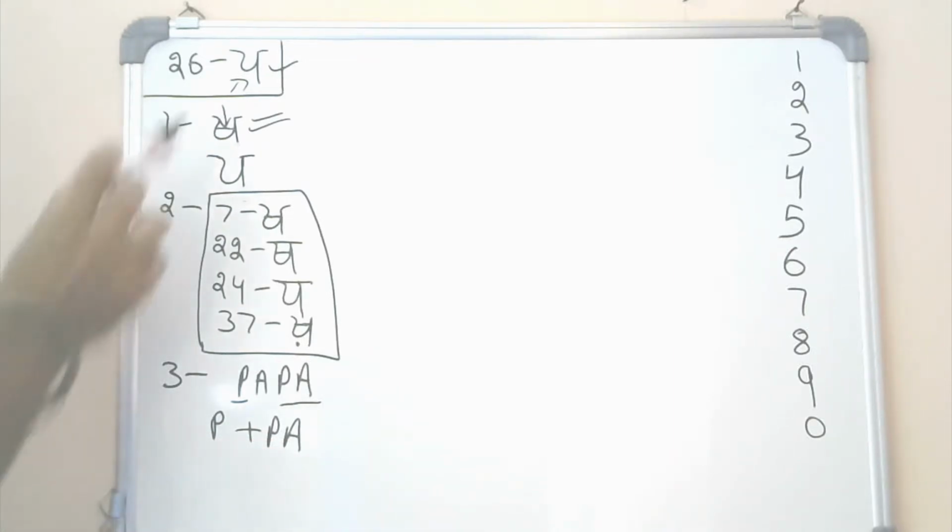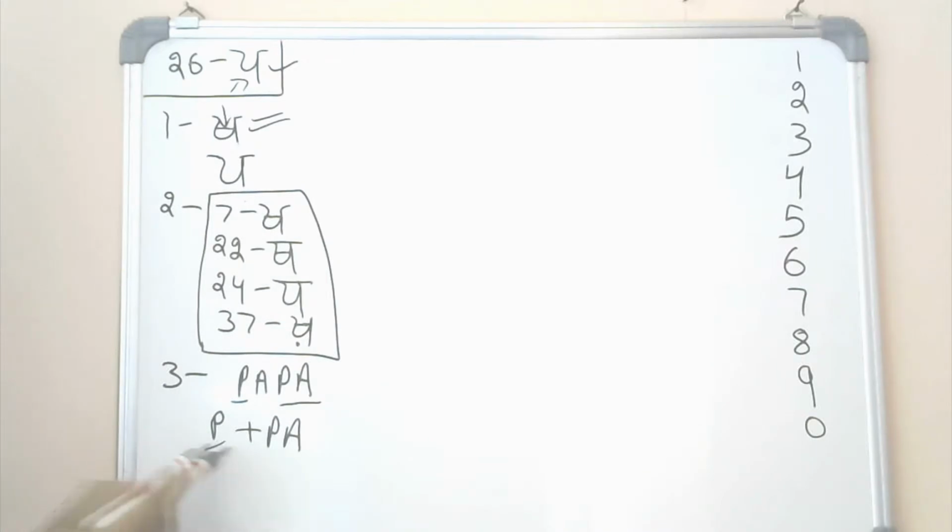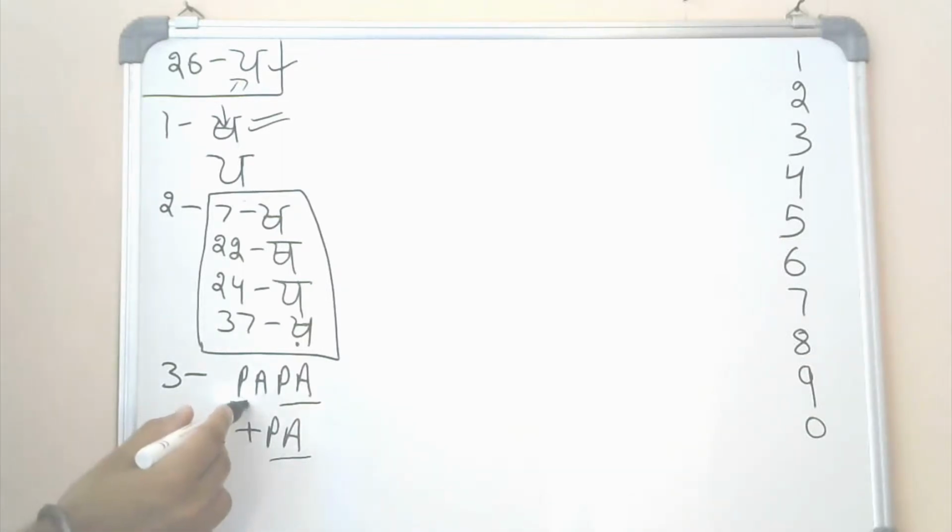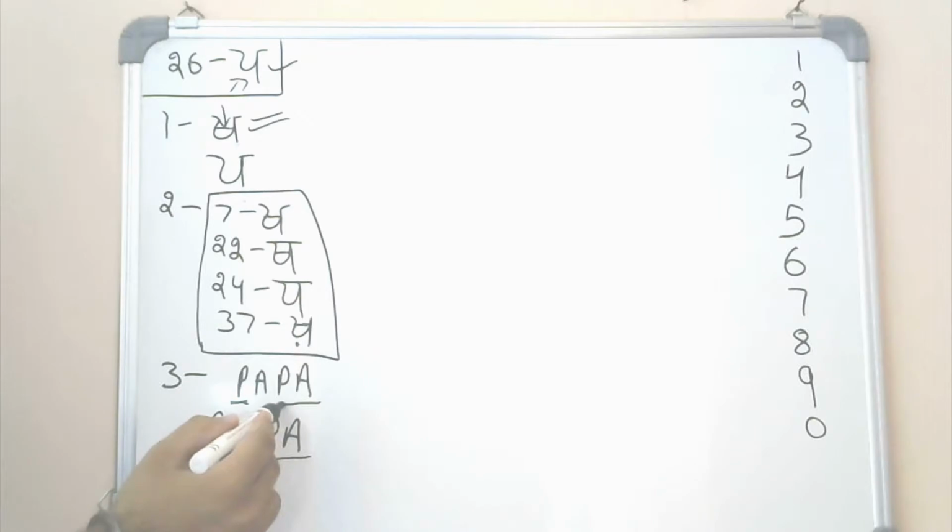The pronunciation of this letter will be Pa, Pa. Simple, right? I will say again, from the word Papa, I am going to get the sound of P and then the sound of Pa. Pa, Pa. Simple.